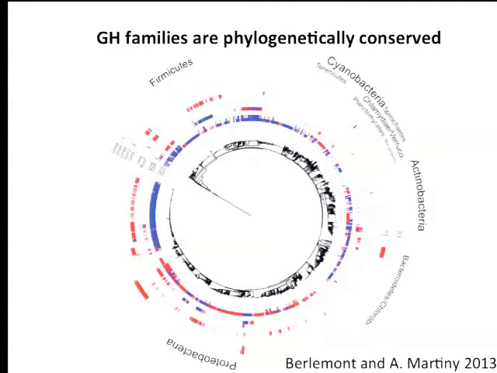I hope I'm not getting this backwards, but red means that taxon had one copy of the family, and blue means it had more than one copy. So sometimes there are many copies of the family. If you squint your eyes, which you should be doing at this point in the talk, you'll see there is some patterning here. There's some conservation, but of course it's variable depending on the family and so forth.